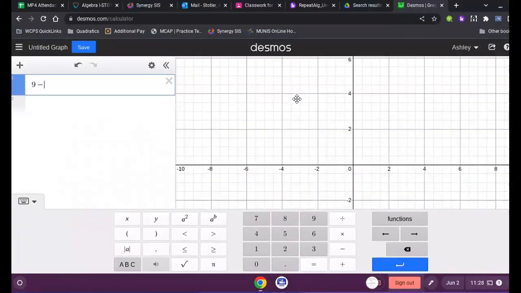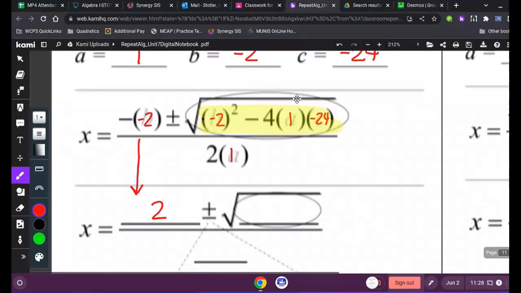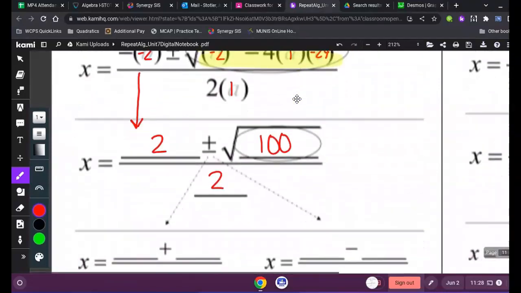Negative 2 to the second power minus 4 times 1 times negative 24. So we get 100 when we type that into the calculator. And then 2 times 1 is 2 on the bottom.